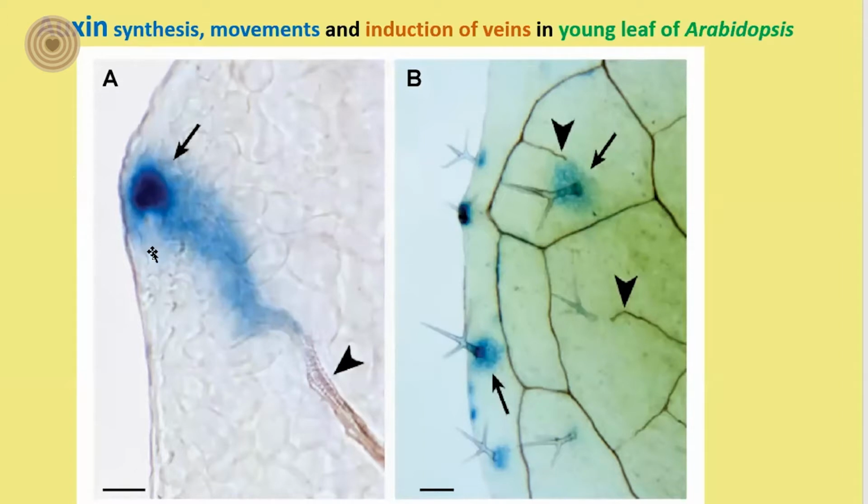Auxin is produced in young leaves, and in this photo, I was lucky to see how auxin is synthesized in a lobe. Auxin moves in the beginning by diffusion, becomes polar, and induces a vascular bundle. This is the main signal from the young leaves.